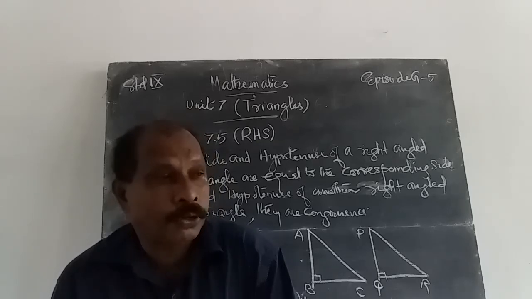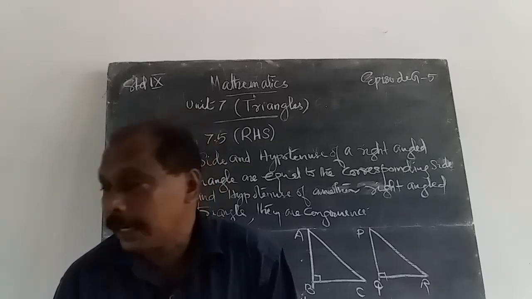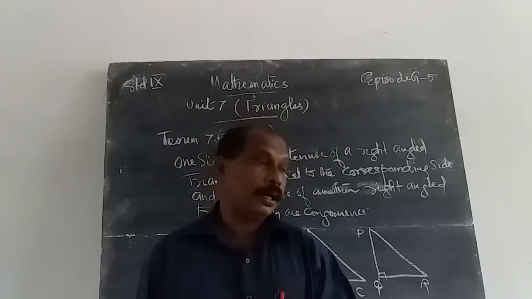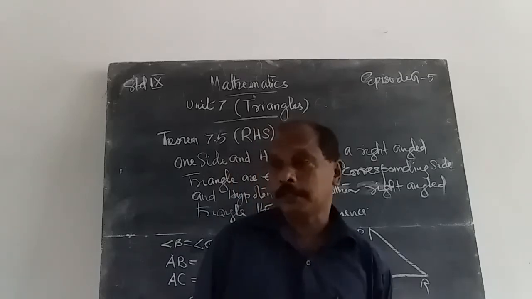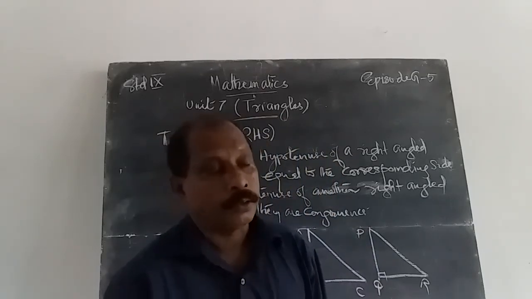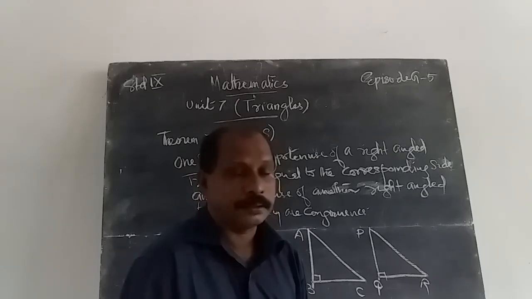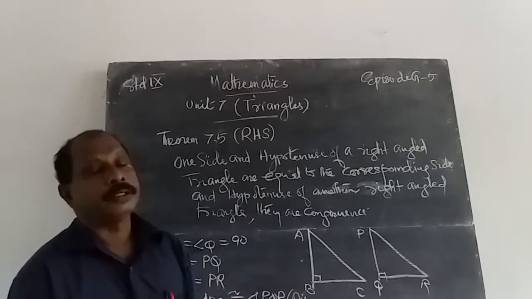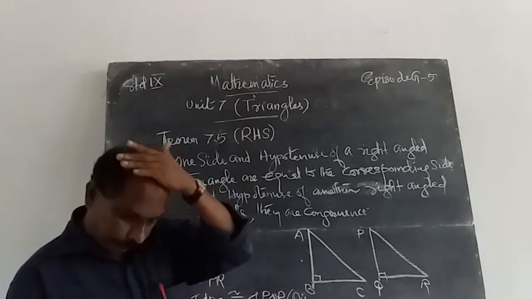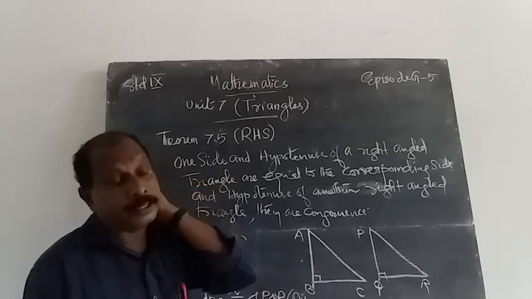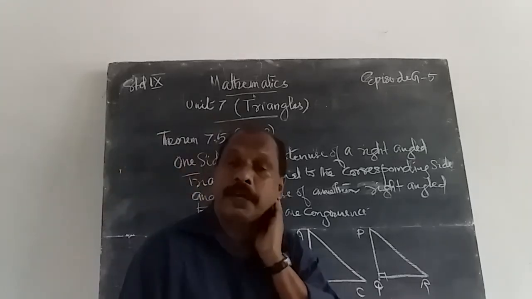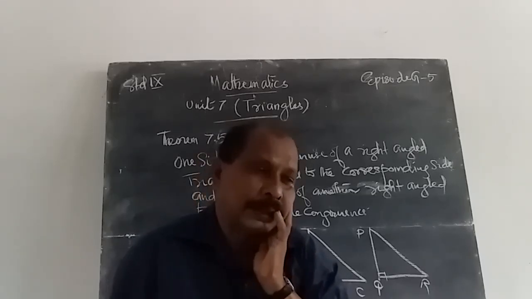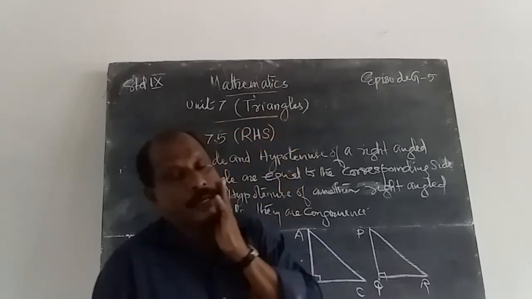Then 7.4 is the SSS criteria or theorem. That is, three sides of a triangle are equal to the corresponding three sides of another triangle. They are congruent. That is the side criteria for congruency. Then 7.5, that is, one side and the hypotenuse of a right angled triangle are equal to the corresponding one side and the hypotenuse of another right angled triangle.